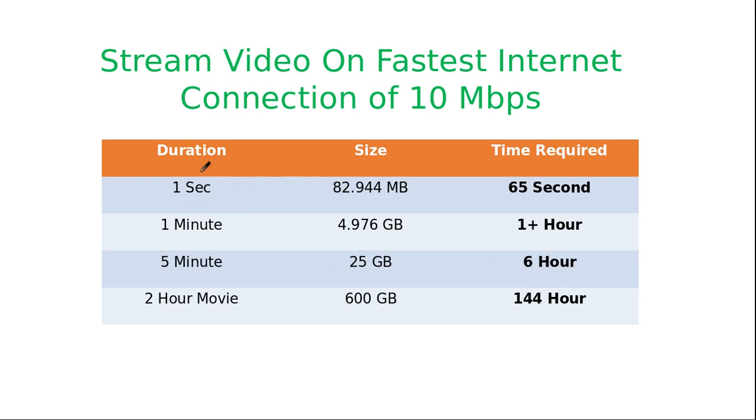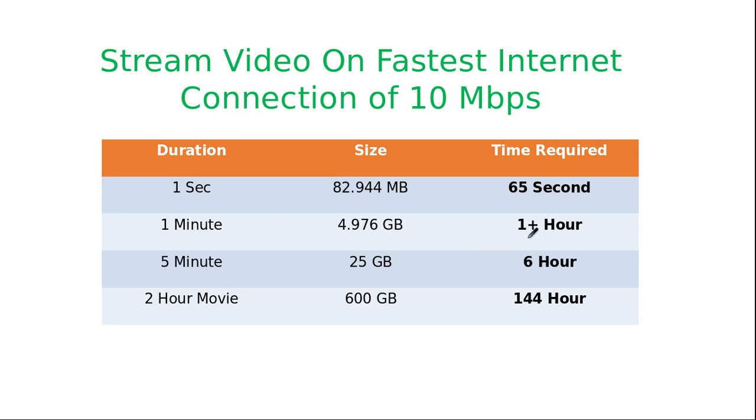The same parameters are in the first and second columns: 1 second duration, 82 MB somewhere around. On a 10 Mbps speed, even when the internet is running at its peak speed, it requires 65 seconds. So just for 1 second of video, it requires 65 seconds to download that amount of data. That is not at all a feasible solution.